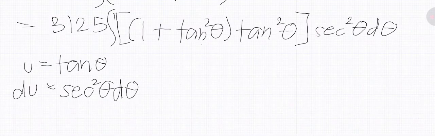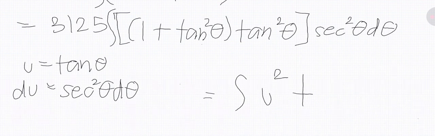So now we have the integral of u squared plus u to the fourth du.